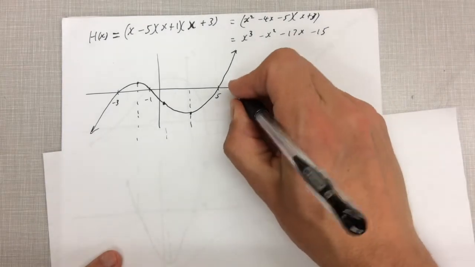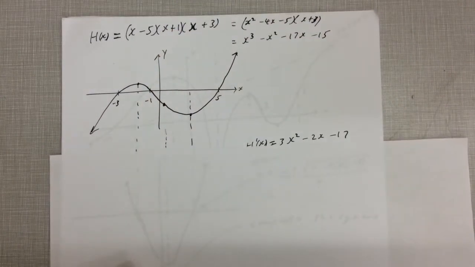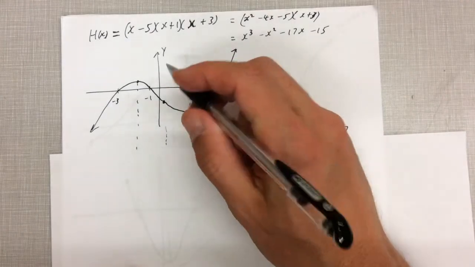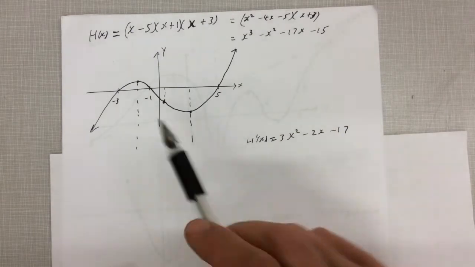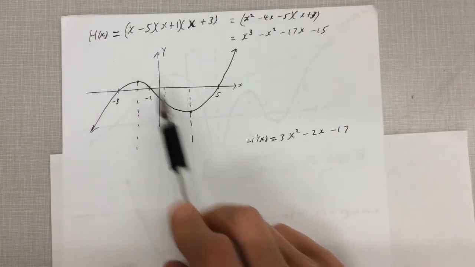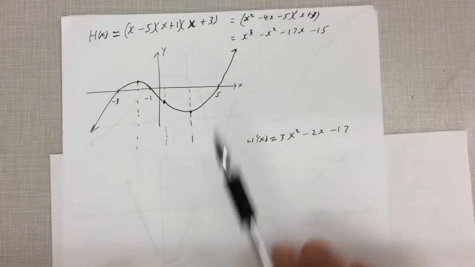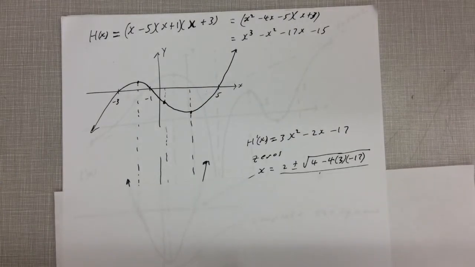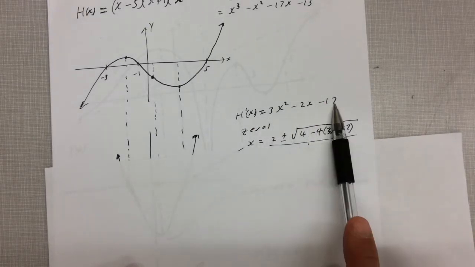Okay, so x-axis, the y-axis, and we don't know where this inflection point is yet, and we don't know where these maxes and mins are. But if we take the derivative of this and set it to 0, we will find that. Okay, so h prime of x equals this.